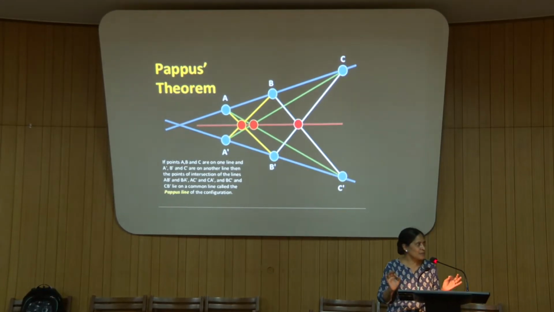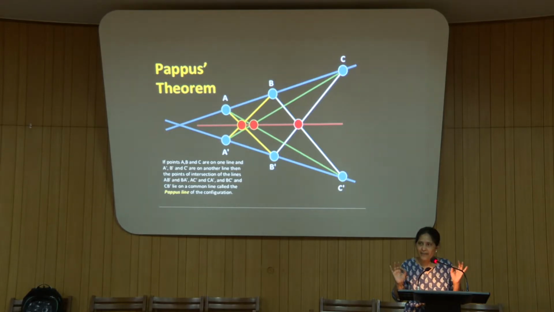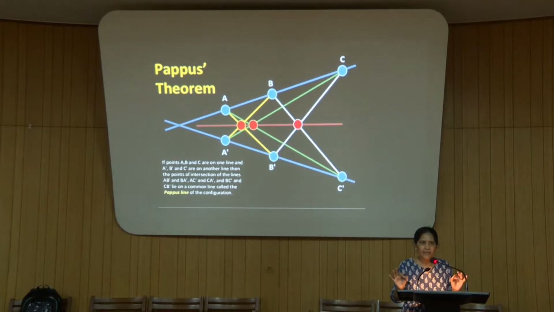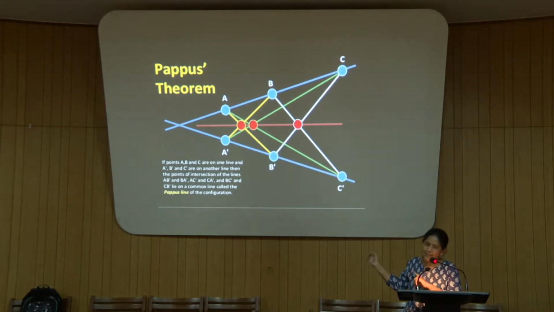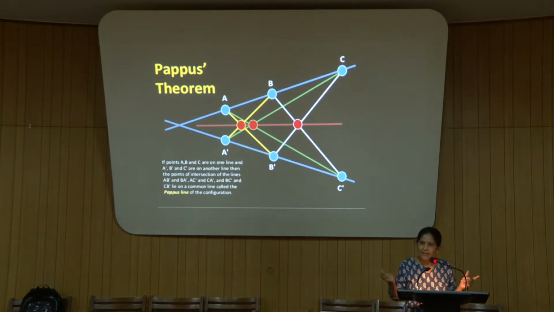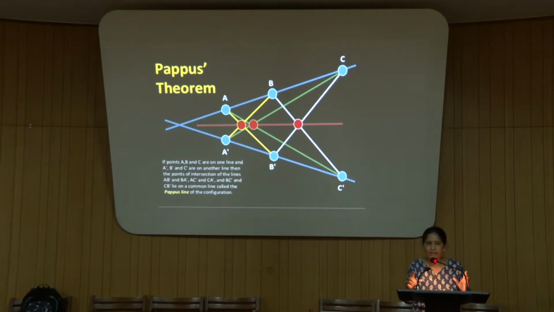I just want you to appreciate the statement of this theorem. Have you noticed a big difference between what you come across in Euclidean geometry and what you see in this projective geometry? In Euclidean geometry, you typically prove theorems involving the congruence of triangles, for example. Then angular measures have to be stated.